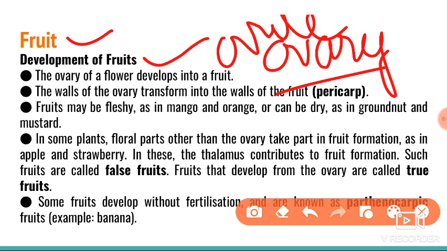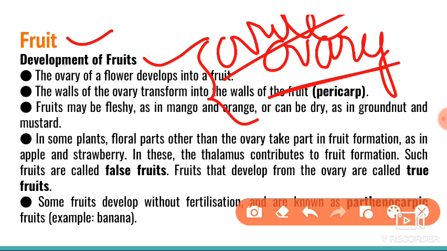These two processes occur simultaneously, because when fertilization occurs, the post-fertilization events are going on, so they prepare the fruit also. The outer ovary starts developing as a fruit, and inside the ovary there is an ovule, and that ovule starts to develop into a seed. That is the process.